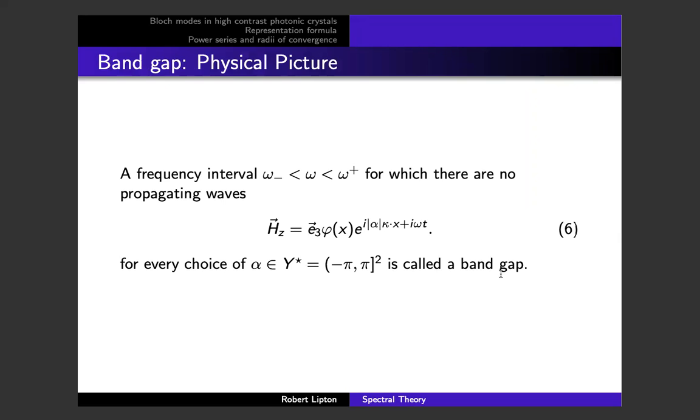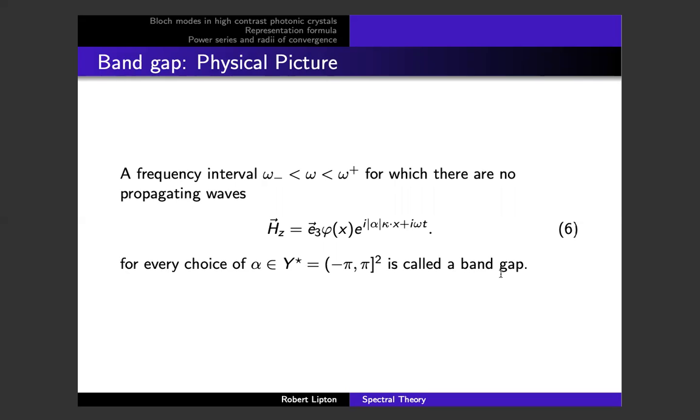Okay, now here's the thing again. If there's an interval of frequencies, omega minus, omega plus, and omega is in that interval, for which we cannot find any propagating time harmonic wave of this Bloch waveform, for every choice of alpha in the first Brillouin zone, then we call that interval a band gap.